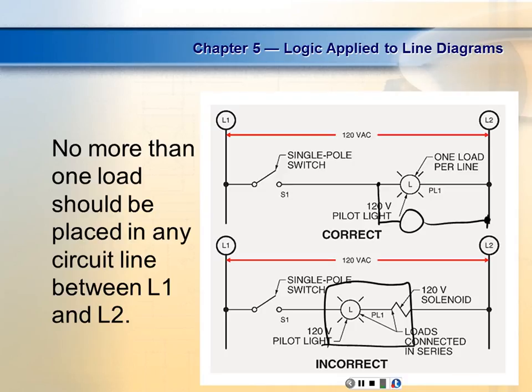So how many loads per line? 1 load per line. But we can have a multiple line rung. Everybody understand the difference? So how many loads can we have per rung? A lot. But we can only have 1 load per line.